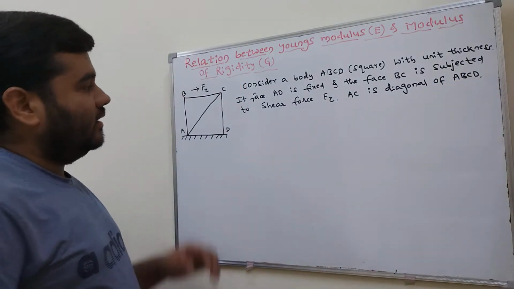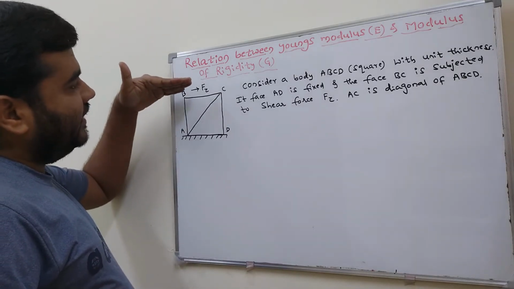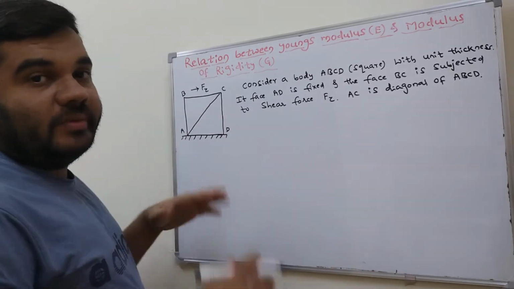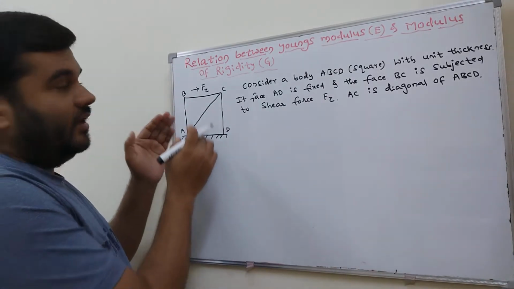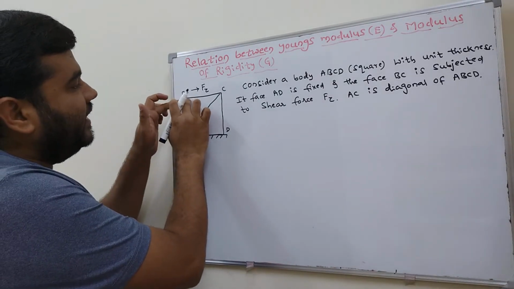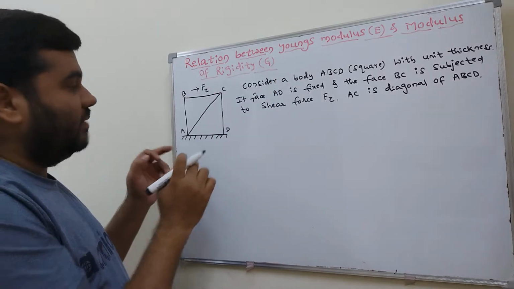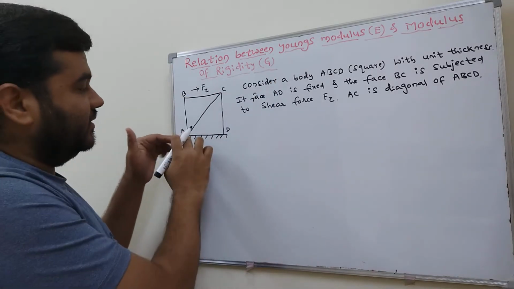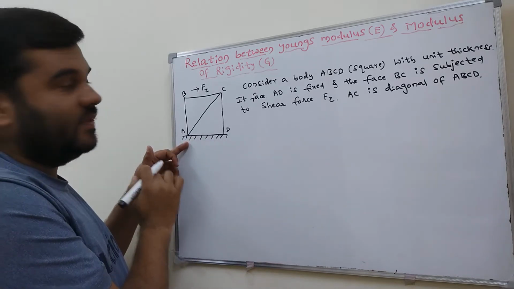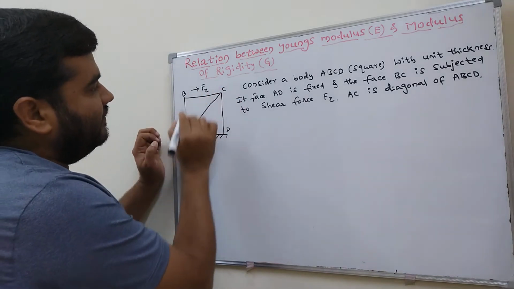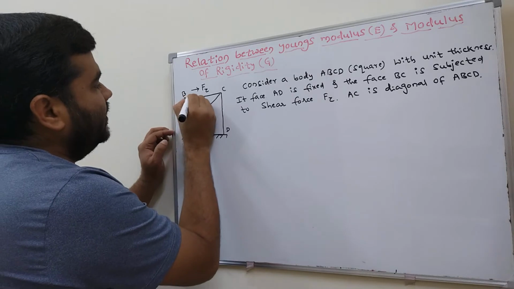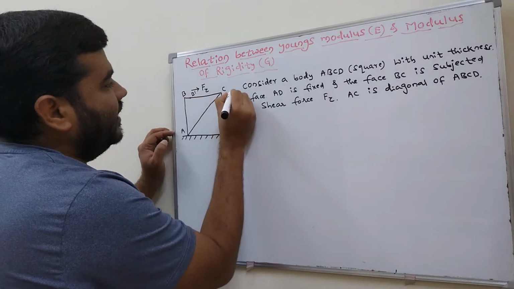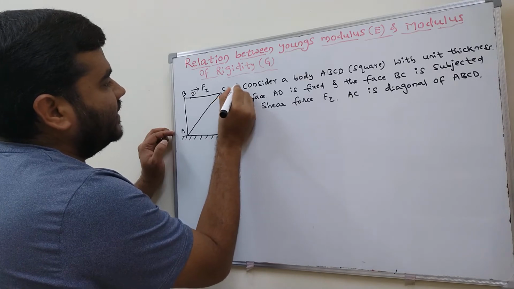Now, if we apply a shear load on the face BC, what will be the changes in the body? The points B and C will change their positions, but AD won't change its position here. After applying the load F tau, the new points here you will get are B dash and C dash.